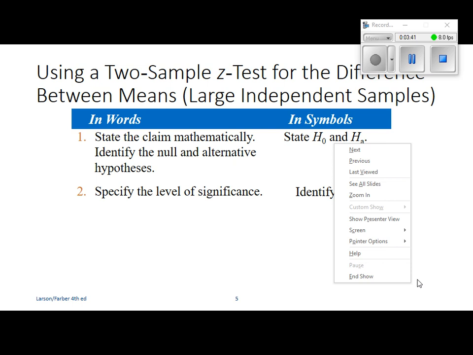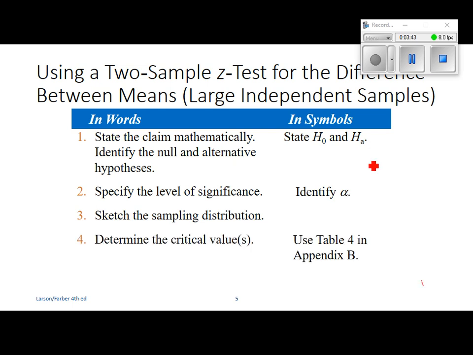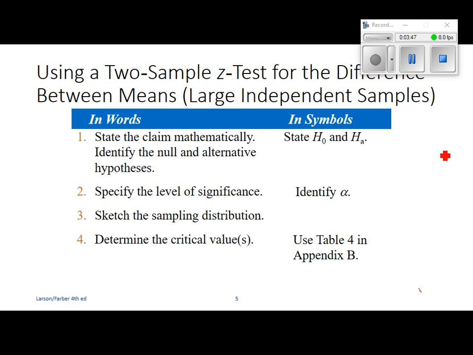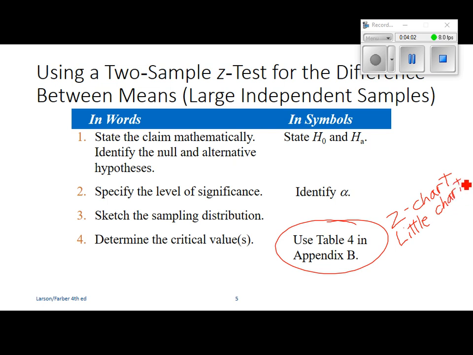I put the steps on here for you. I'm not going to go through all these. Just on this one, that's the Z chart. And instead of using table 4, you're probably going to use the little chart. Everything on the test is either 1%, 5%, or 10%. So that little chart that's on the front of your packet, use it.